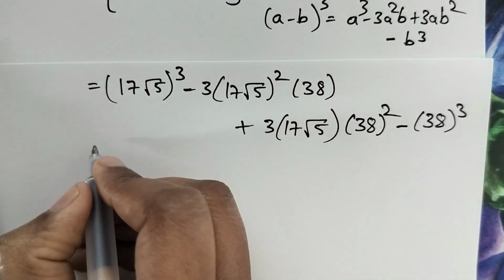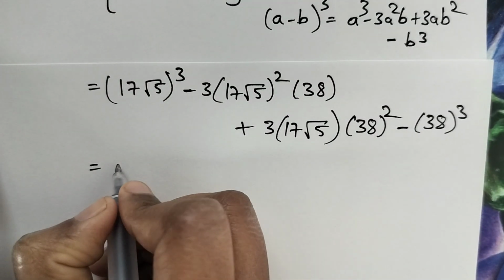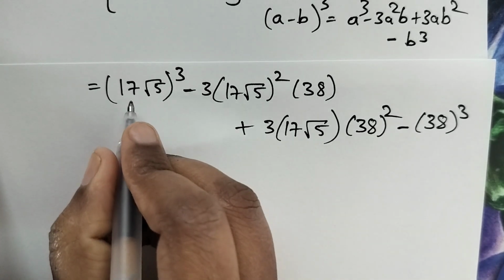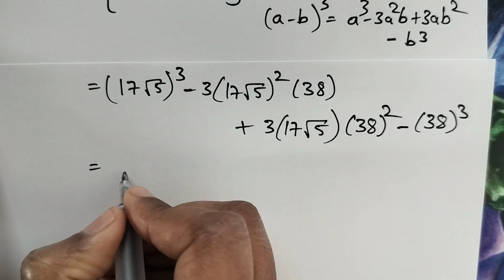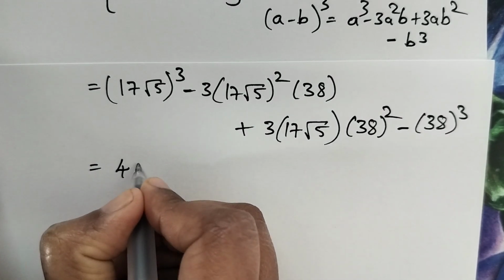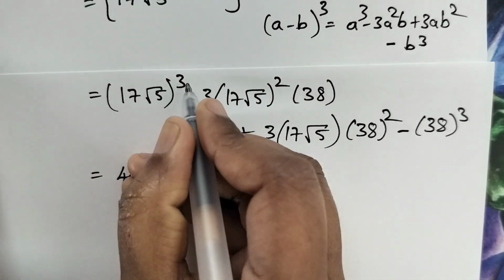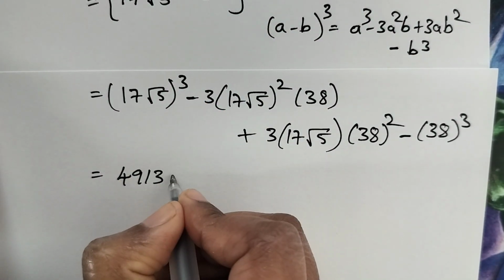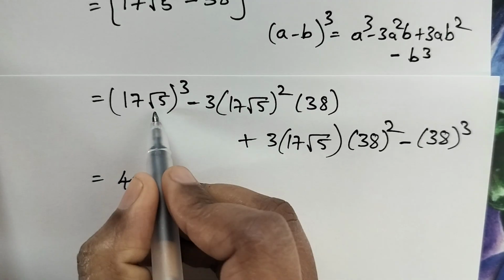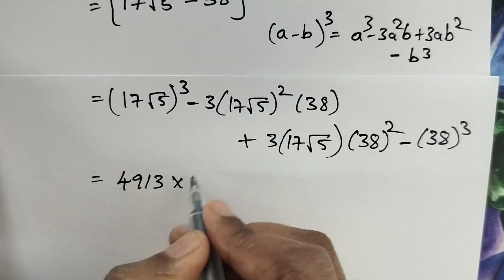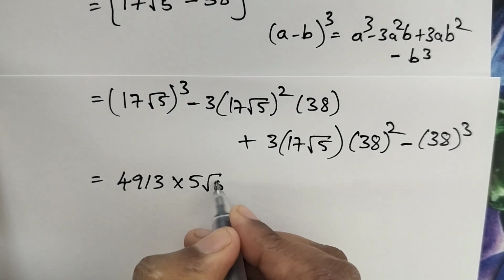So now here, 17 cube is equal to 4913, times square root of 5 cube, which is equal to 5 square root of 5.